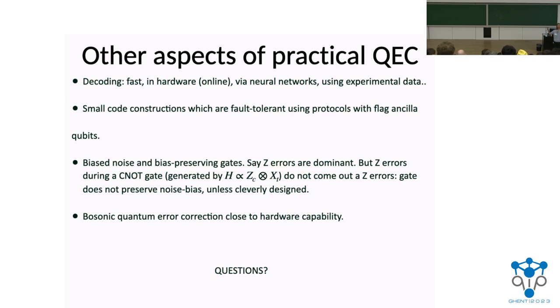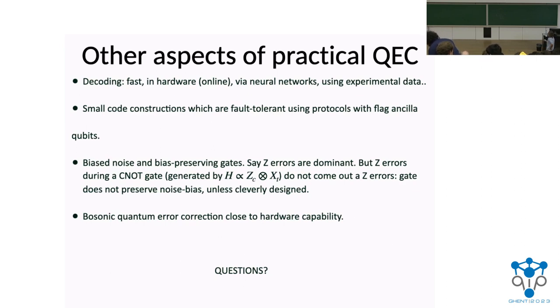Because if you have to decide whether it's this error or that error, and the product gives a logical error, it's bad. But if I make sure that this error has a different syndrome, because I measure something else, then I can avoid that problem. So sometimes protocols that don't look fault tolerant can be made fault tolerant with additional ancilla qubits without too much overhead. Ben Reichert has been doing a lot of nice work in that direction. That's also seen in experimental implementation.